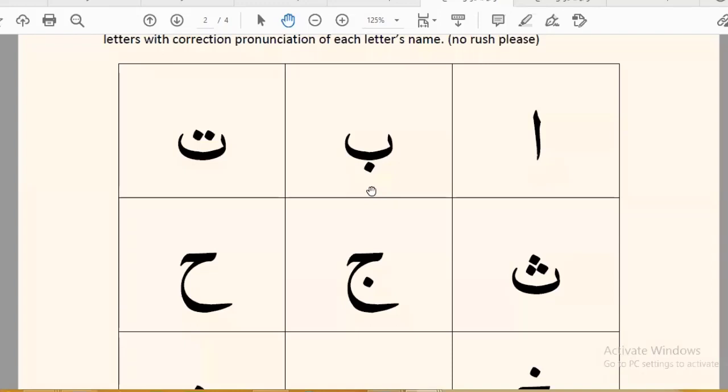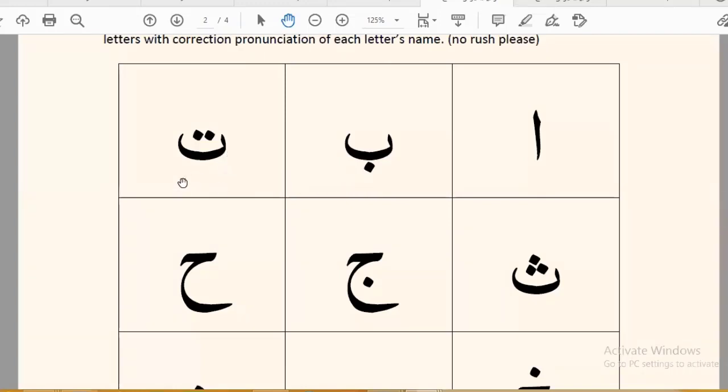Let's move on to the next letter. Now, this is the letter, you can see that this letter has 1 dot and it's found below this shape over here. This is the letter Ba. Ba. Good, excellent, well done. Let's move on.